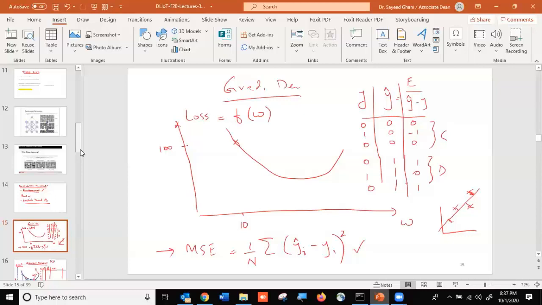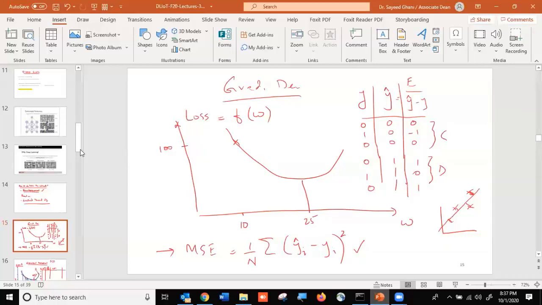What does this tell you? This tells you that at this particular point, for a value of W equal to 10, the loss is quite high, but just by physically looking at this equation, without actually doing a mathematical analysis, we can tell that there is a point over here where the loss seems to be minimum, right? Maybe this is a 0.25, okay?